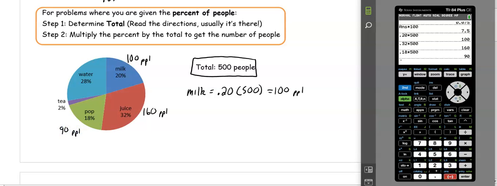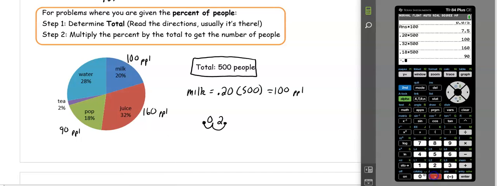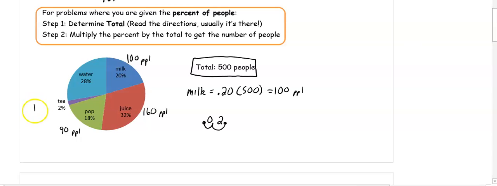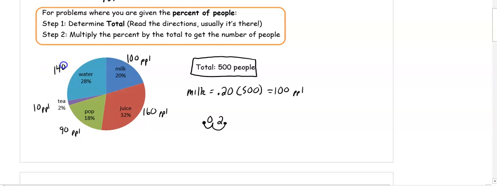So remember 2%, if we move that over, is going to be 0.02. So we have 0.02 times 500. And that gets us 10 people. And the last one, the water, we have 0.28 times 500, and that gets us 140 people.